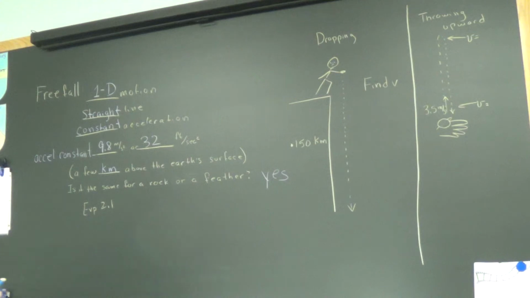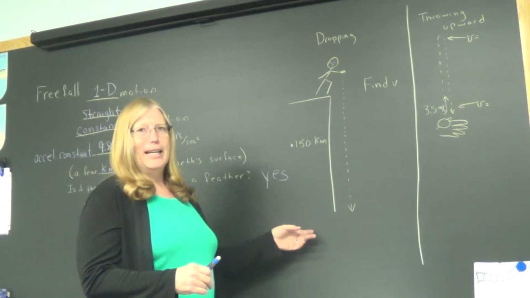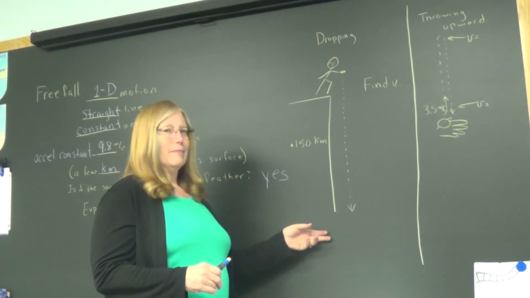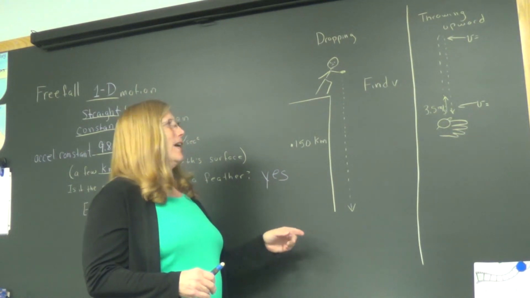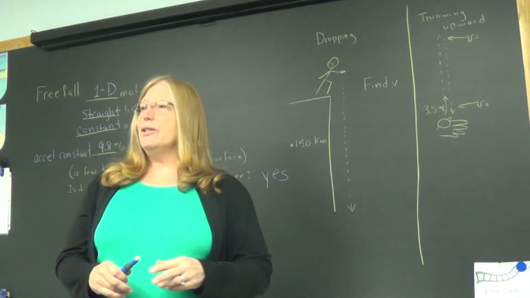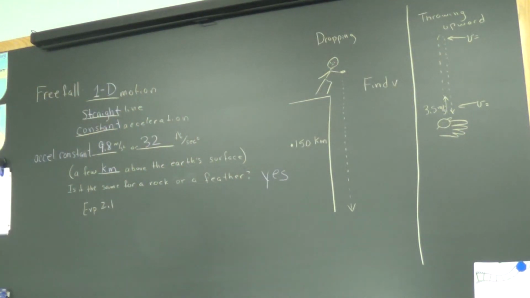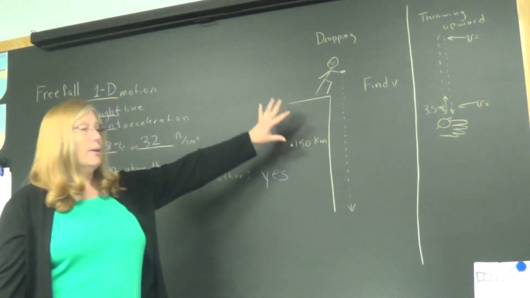Let's look. How many minutes are we at, Emily? Martin? 2. Okay. All right. What we're going to do is use our same old kinematic equations, those three. So we're going to do the same thing to figure out what equation to use.